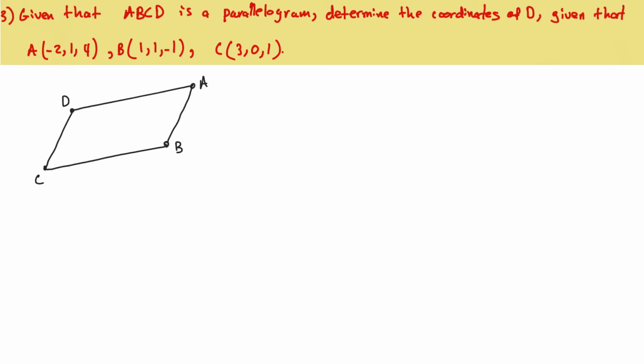In terms of the points, we have point A, we have point B, and we have point C. We need to find point D. There are different ways of doing that.